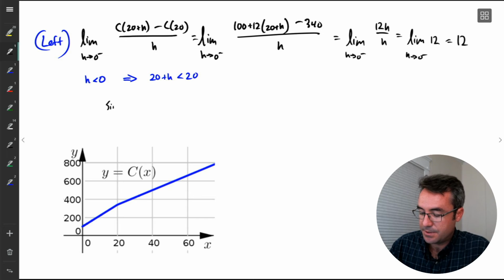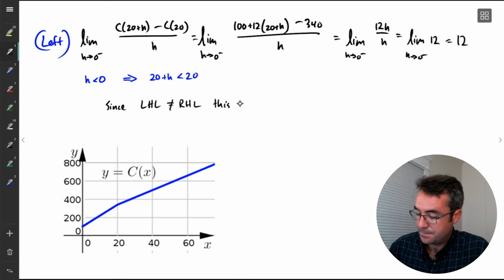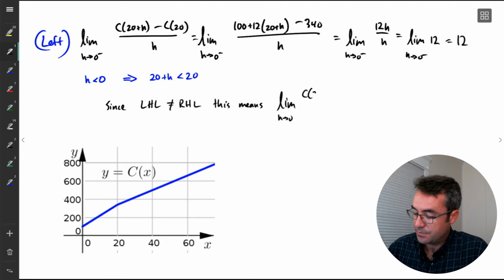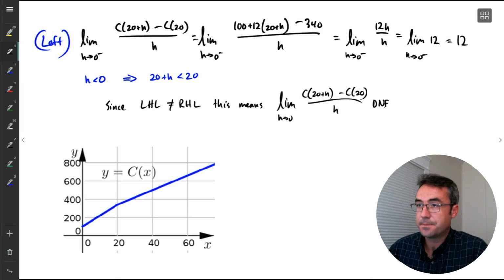So since the left-hand limit and the right-hand limit are not equal, this means the limit as h goes to 0 of c of 20 plus h minus c of 20 all over h does not exist.